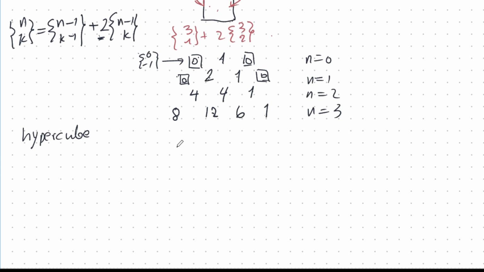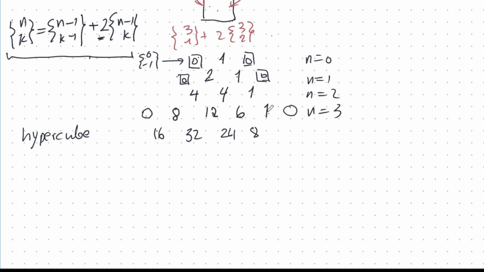So now we can figure out by using this recursion what it's supposed to be. All right, so this is 0 here and 0 here. So let's compute. 0 plus 2 times 8 is 16. I use this rule. 8 plus 2 times 12, that's 32. 12 plus 2 times 6, that's 24. 6 plus 2 times 1 is 8.